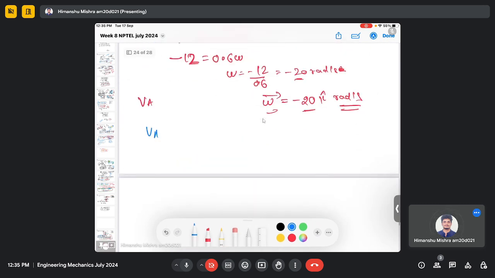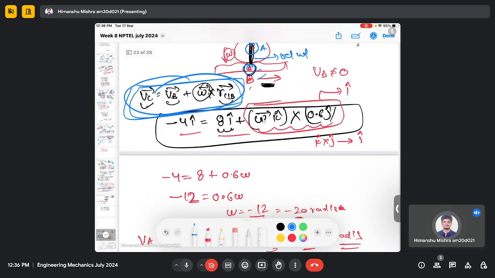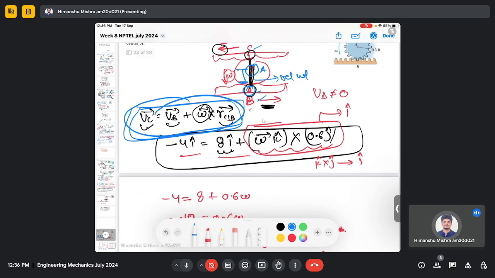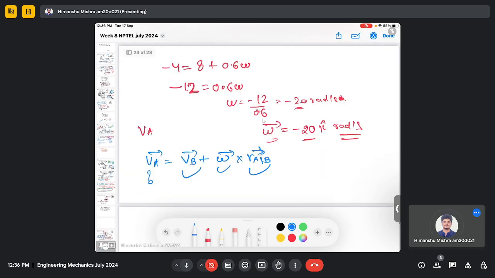So here VA, which is the unknown quantity, equals VB plus omega cross RAB. We know this, and we also know this. This RAB, which is this displacement vector, is 0.3 in the y direction.